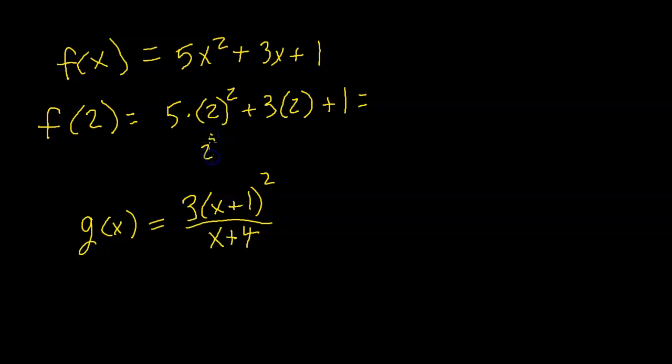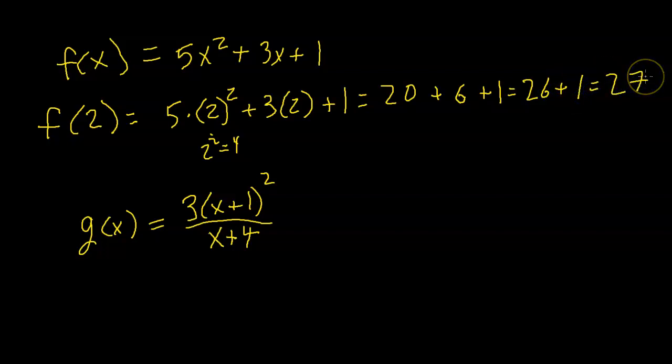Well, 2 squared is 4, so this becomes 5 times 4, which is 20. Plus 3 times 2 is 6, so 20 plus 6 plus 1. Well, 20 plus 6 is 26, plus 1 equals 27.